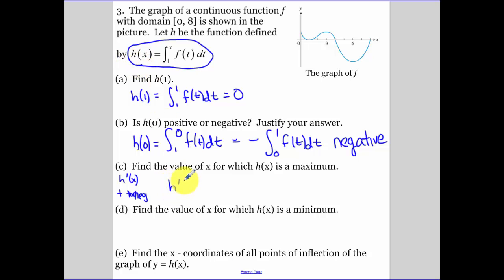H prime of x equals the derivative with respect to x of our integral function, and what is that? That's f of x. So h prime of x is equal to f of x. So when does f of x change from positive to negative? We change from positive to negative right there at x equals 4.